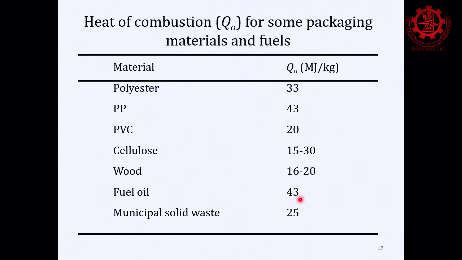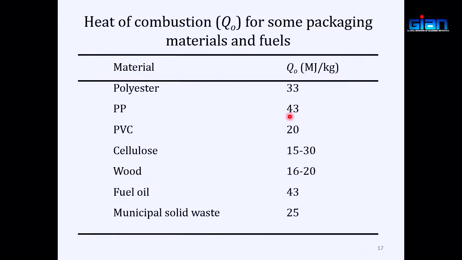So this is how you can design your processes, saying, hey, if I had to buy 1 ton of waste of cellulose or wood, or 1 ton of waste of polypropylene, and you have to pay for that waste because your plant is engaged in energy recovery, right?